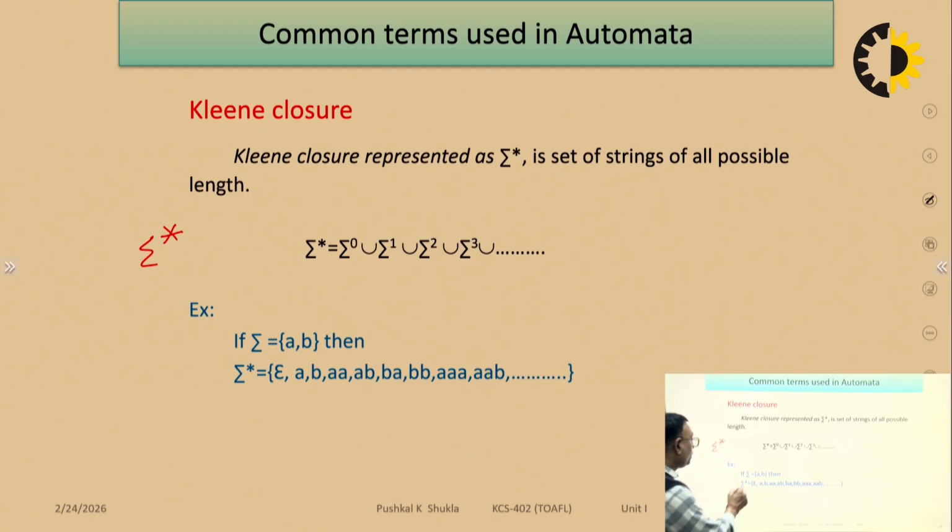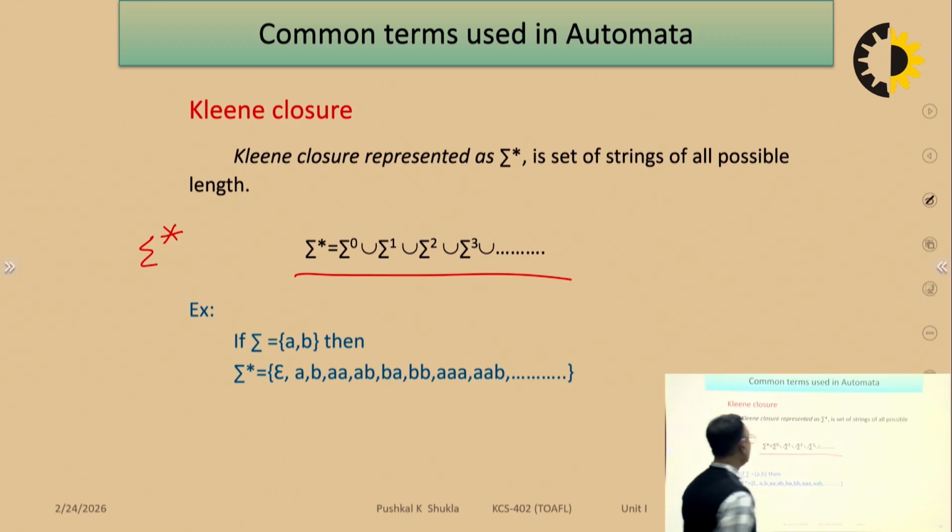So it is represented by sigma star equal to sigma power 0 union sigma power 1 union sigma power 2, sigma power 3, and so on. For example, if sigma equal to {A, B}, then sigma star equal to epsilon, A, B, AA, AB, BA, BB, AAA and so on, all possible lengths. So Kleene closure is the set of all strings of all possible lengths, including epsilon.